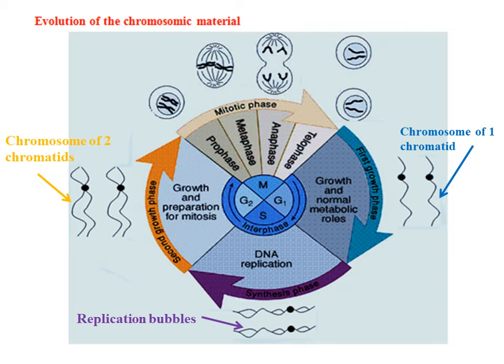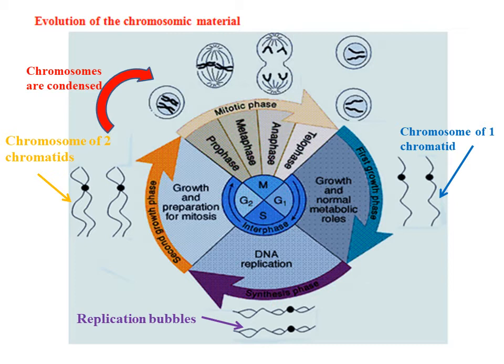Then from G2 to prophase, what is the major event that takes place? The chromosomes are condensed and still consist of two chromatids. Then prophase is followed by metaphase, when the chromosomes occupy the equatorial plate.